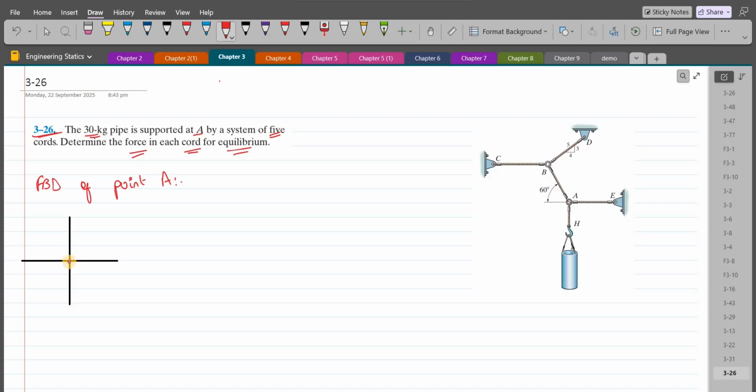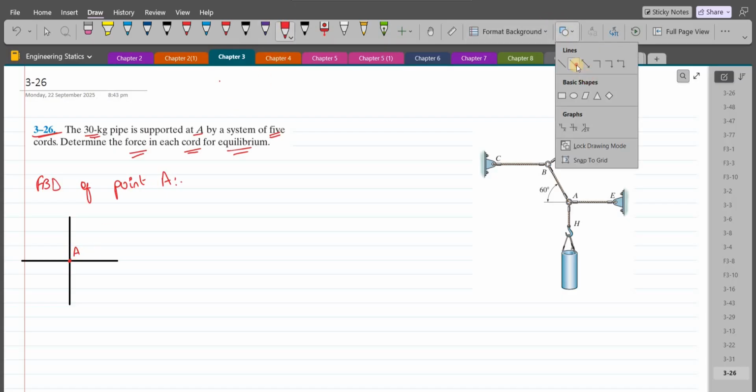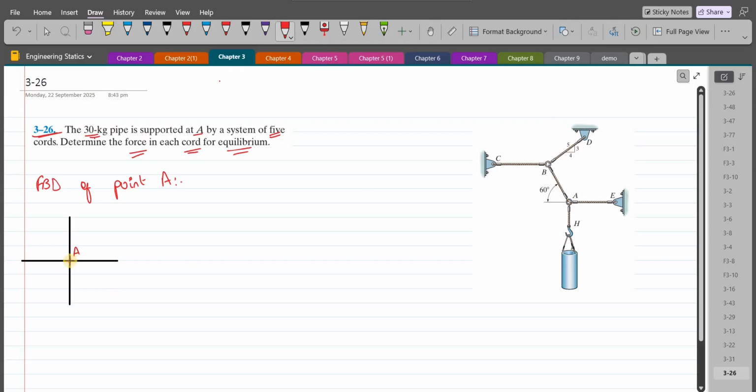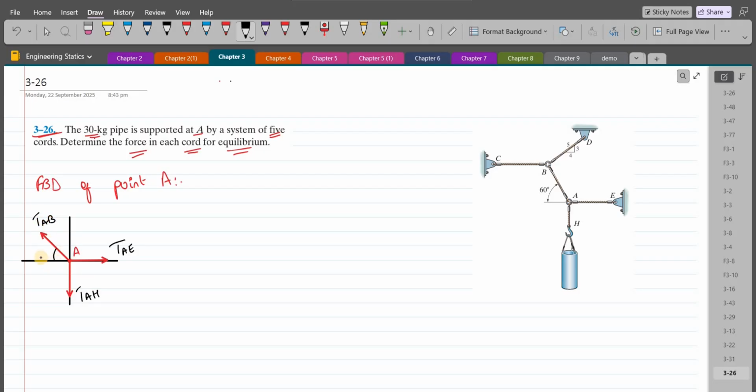This is the point A. So we have a tensile force in a downward direction, a tensile force to the right, and a tensile force at an angle of 60 degrees. Let's label them. So this right here is TAE, this is TAH, and this is TAB. This angle is 60 degrees.